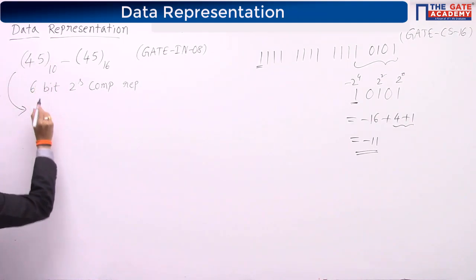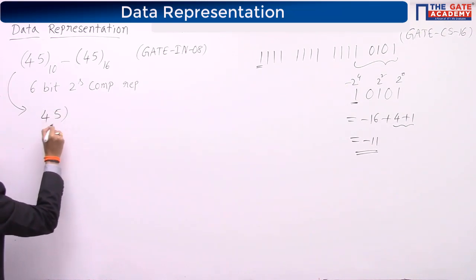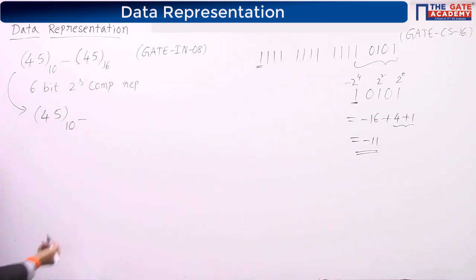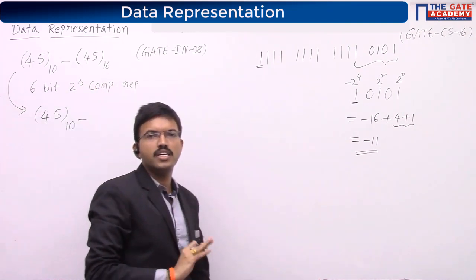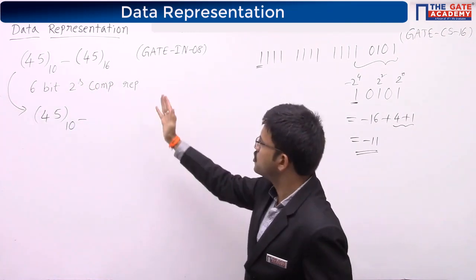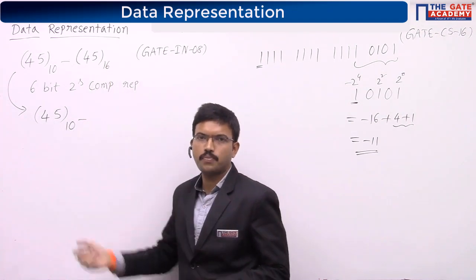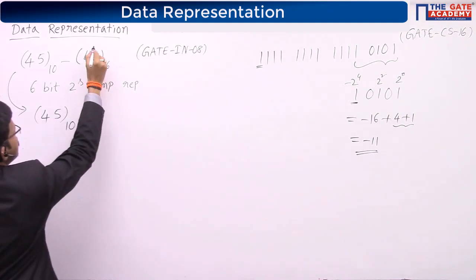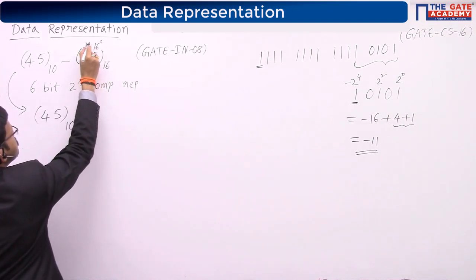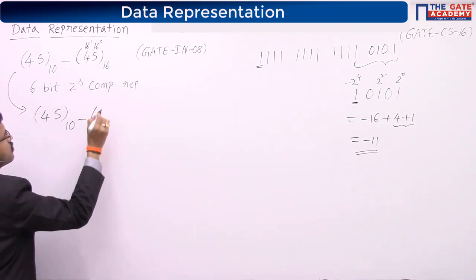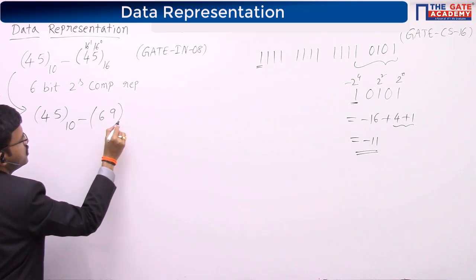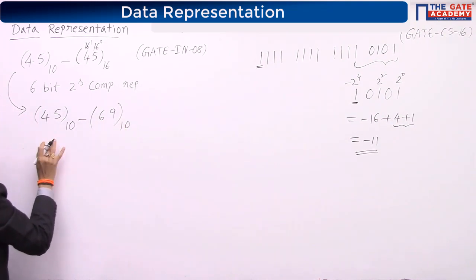This is the decimal number, so I am writing it as it is, 45 base 10 minus. Here he has given the hexadecimal number. In order to get the equivalent value, you have to put the position weights in powers of 16. So here 16 power 0, 16 power 1. 16 4s are 64 plus 5, that is 69 base 10.